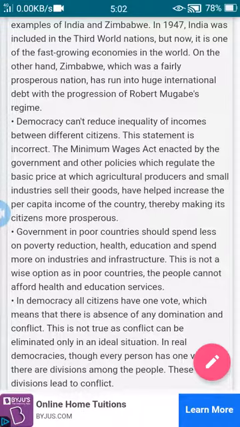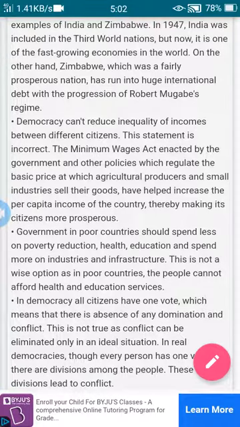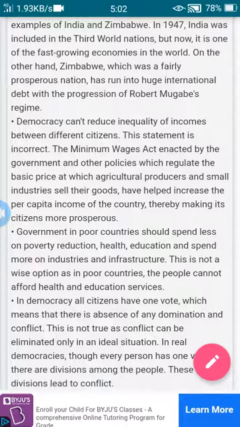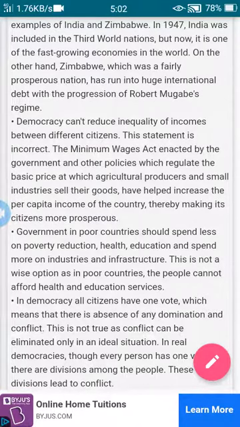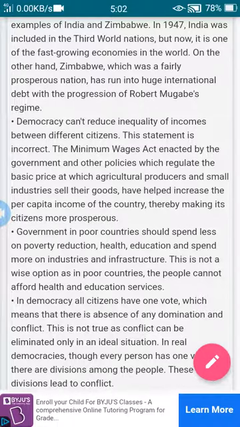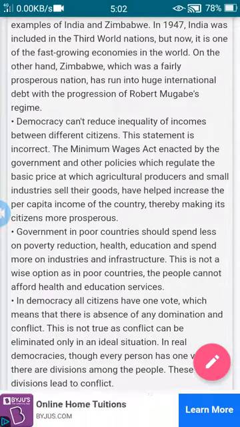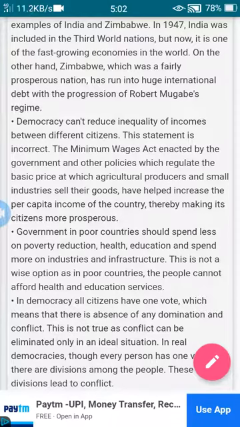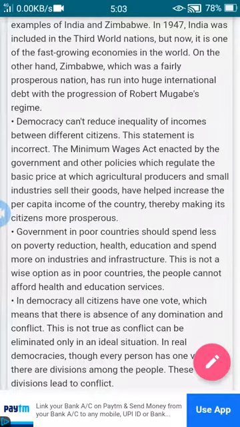The Minimum Wages Act enacted by the government and other policies which regulate the basic price at which agricultural producers and small industries sell their goods have helped increase the per capita income of the country, thereby making its citizens more prosperous.